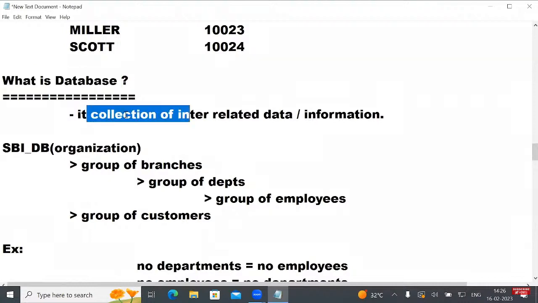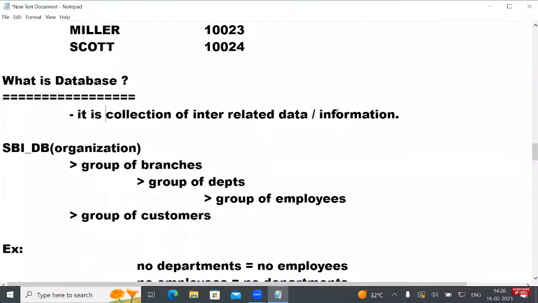Later we discussed what a database is. It is a collection of interrelated data or information. Any business organization uses databases to store its business-related information. If my organization is a banking sector, banking-related information will be stored.